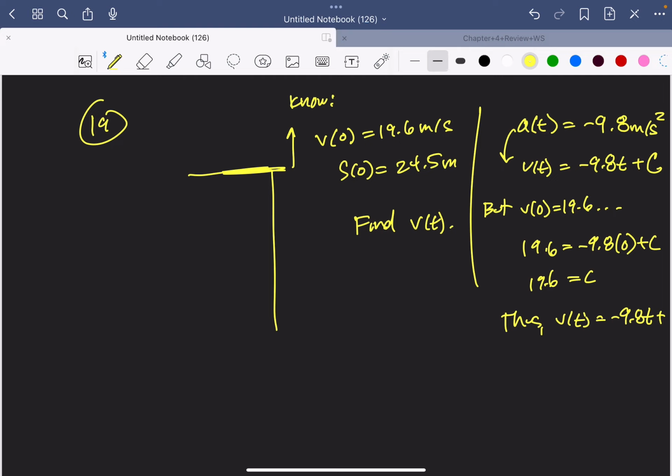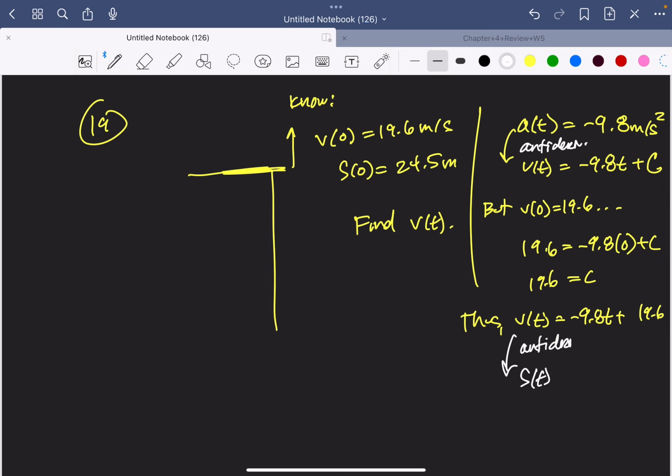Okay, so let me do this. 19.6, excuse me. I'm going to take this, move it over just a little bit, and say 19.6. So that's velocity. But then I take another, so that was one antiderivative that we took. Now to get back to position, I'm going to take another antiderivative. And I'm going to get negative 9.8.